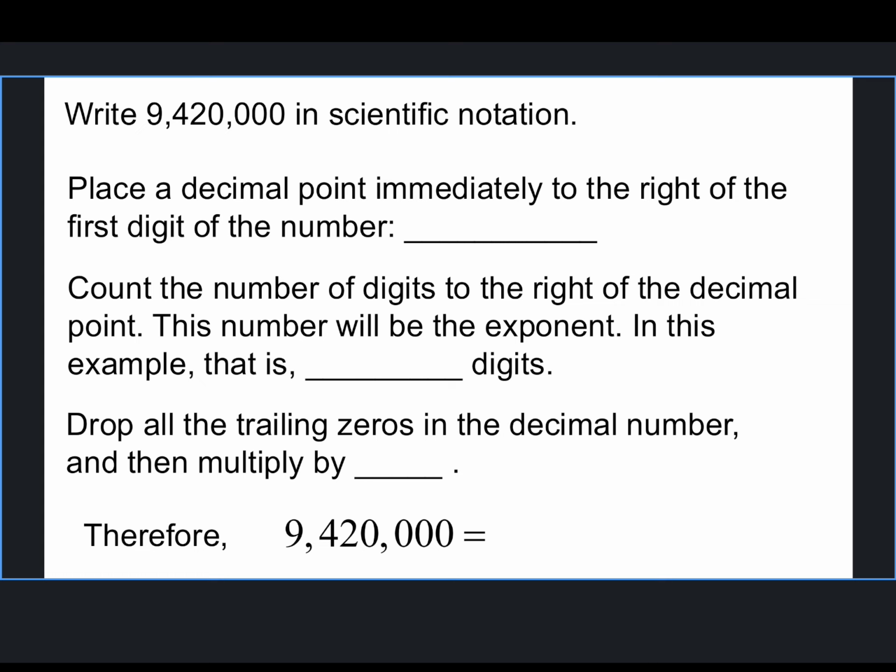Where did we get 10 from? So every time we move that decimal over a place, that's where we multiply by 10. Always. Because think about the whole system of numbers we use. When we start counting at 1, 2, 3, 4, 5, 6, 7, 8, 9, when do we add another digit? At 10.